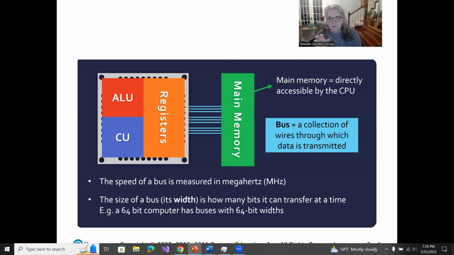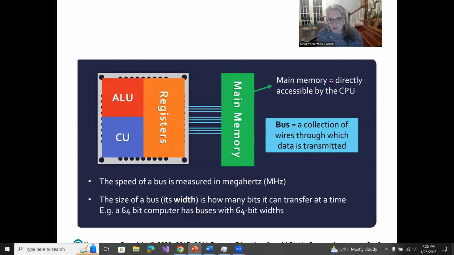And then the CPU is the one that's going to process the instructions. So we've got to go to the CPU, go back to memory, and go back to the CPU, back and forth. Now, we'll also talk about cache memory, but for right now, let's just look at main memory.